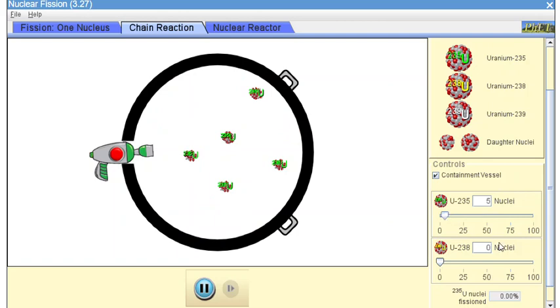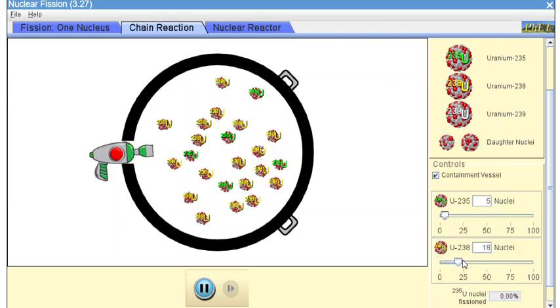What happens if instead of all these uranium-235 nuclei, I have just, let me say, 5 nuclei of uranium-235, and then 25 of uranium-238, so 24. When I fire my neutron, in this case the chain reaction was not extensive. So let me do it again.